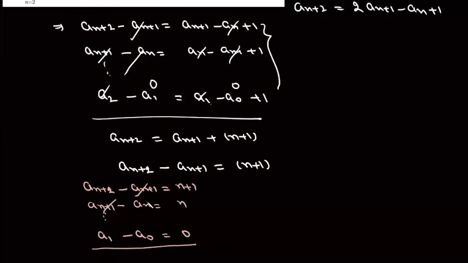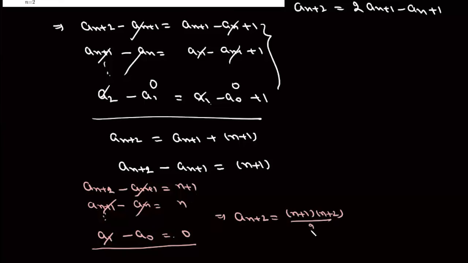If we again add them all up, we'll get An plus 2, with A1 being 0, as 1 plus 2 plus 3 up to n plus 1. So this is the sum of the first n plus 1 numbers, so it'll be (n plus 1)(n plus 2) by 2. Or simply we can write An as n into (n minus 1) by 2. So we have our An as n(n minus 1) by 2.